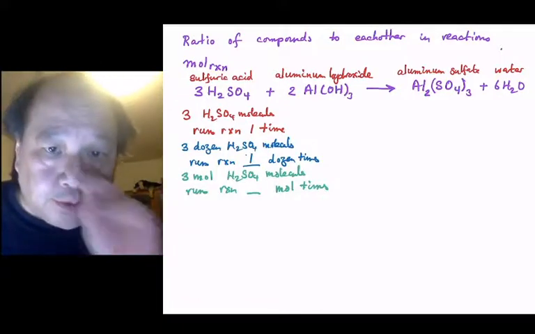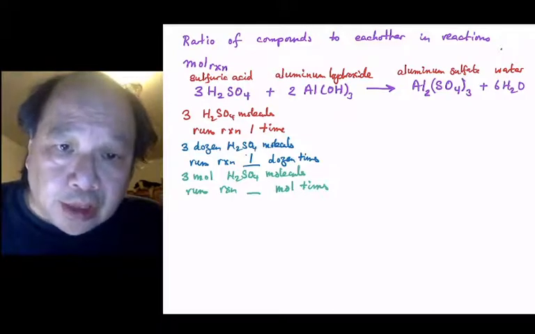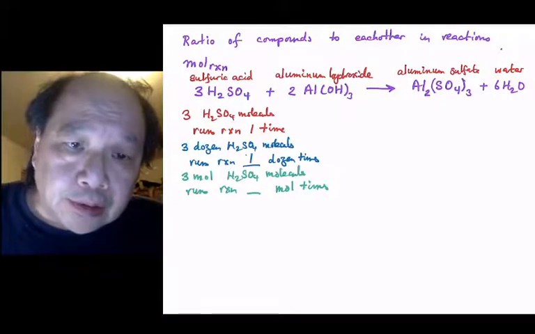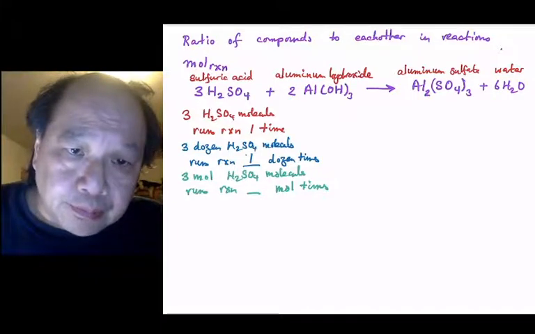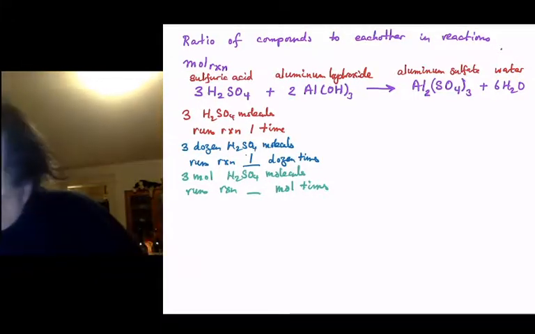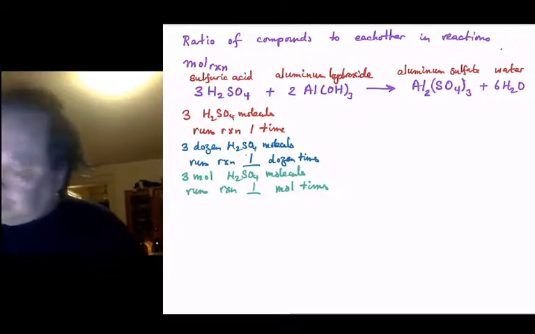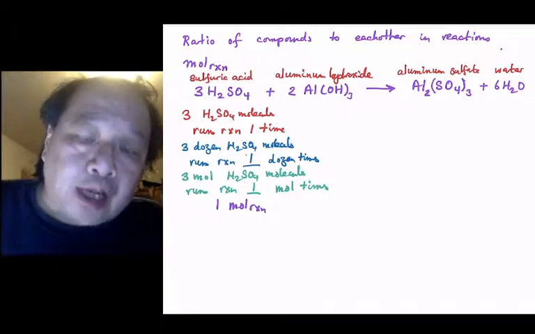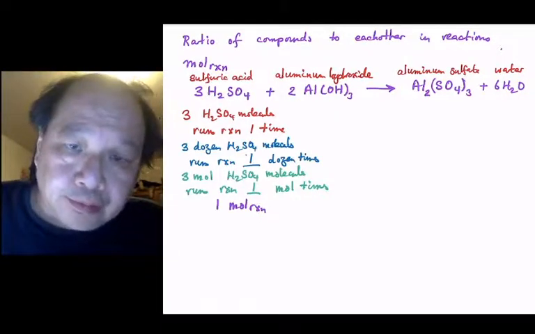So 3 dozen H2SO4 molecules runs the reaction 1 dozen times. 3 moles of H2SO4 molecules runs the reaction how many times? Yeah, it runs it 1 mole of times. And when you run it 1 mole of times, that's what we call the mole reaction. So it's 1 mole reaction. It runs the reaction 1 mole of times.